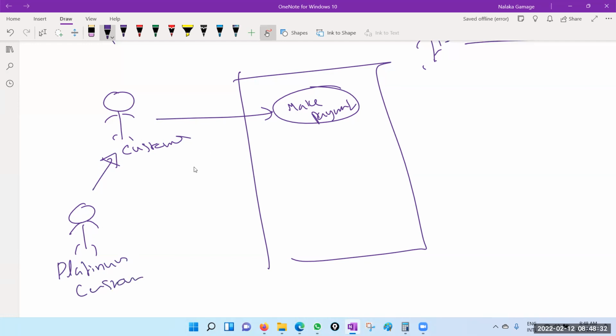So therefore, yes, a platinum customer can also make payment. You don't have to draw it because it's inherited. But assume that platinum customers can claim bonus, which a normal customer cannot do. The platinum customer can make payment because it's inherited, and they can claim bonus as well. So this is how you show inheritance between actors. Okay, so that is one type of relationship.